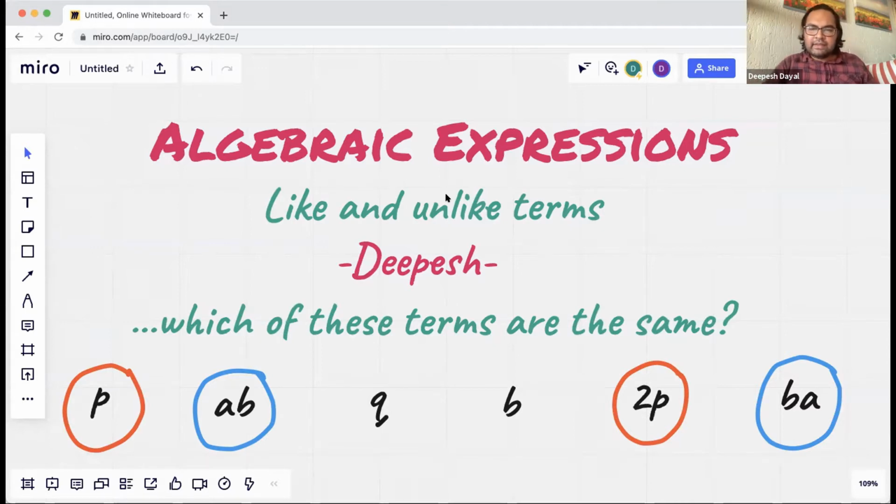Q and B, are they the same? No, they're not, right?